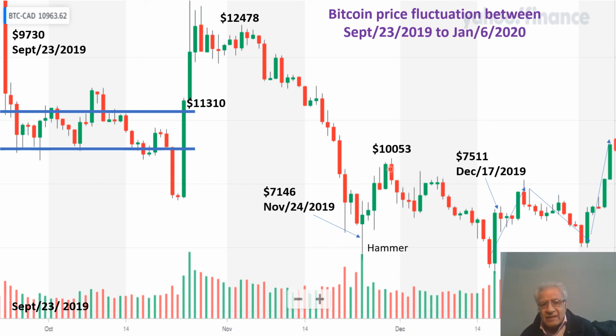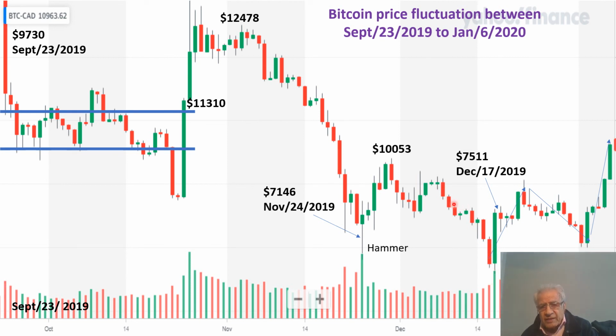So you can exit the market here, and between entry and exit, you make $2,907 in just 5 days. Phenomenal. Now again, this is a bullish engulfing.